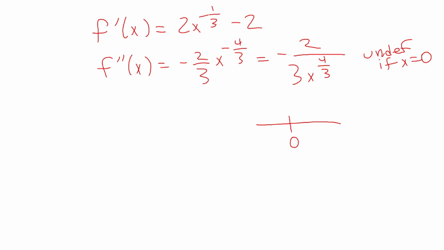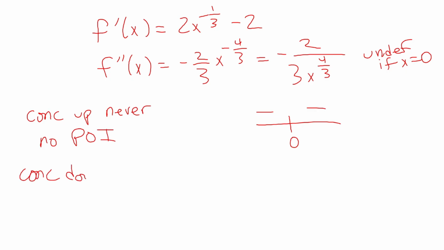So we're going to have a positive in the denominator, and we're going to do negative 2 divided by that, which is going to give us negatives for both of those. And so we'll say that this is concave up, never, and it has no points of inflection. And it is concave down on the interval negative infinity to 0, and again from 0 to infinity.